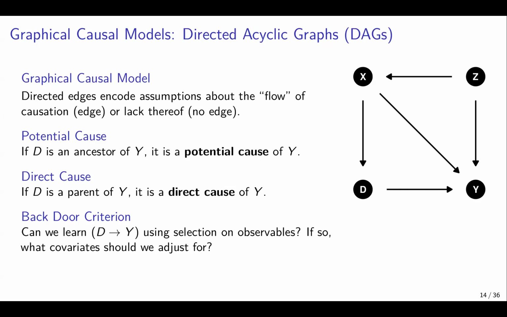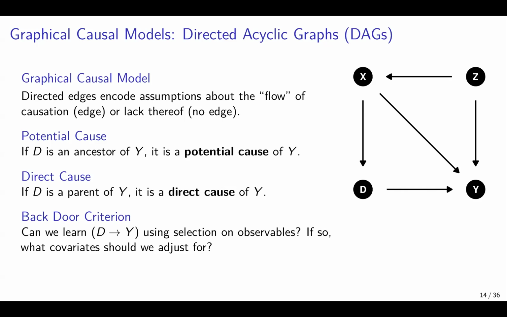It's exactly the same one that you would use in your own family. So your grandmother is your ancestor, but not your parent. Your mother is both your parent and your ancestor. So a direct cause is about having an arrow pointing from one thing directly into the next thing.